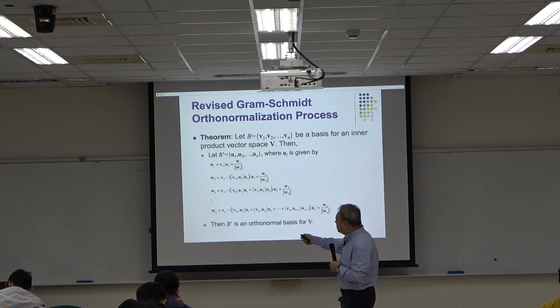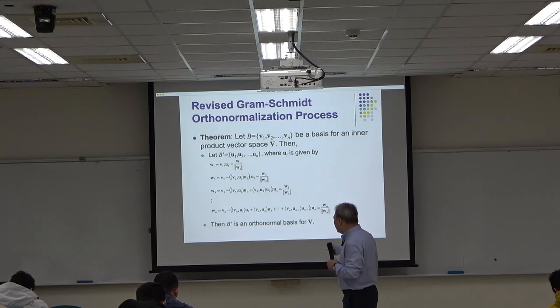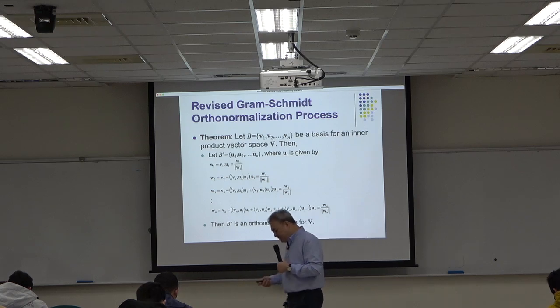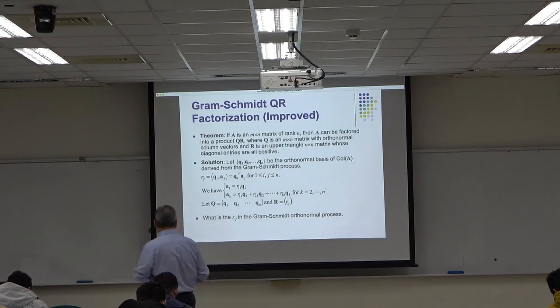So W1 to Wn, these vectors are orthogonal, and then we divide each Wi by its length, so they become orthonormal. So B prime is an orthonormal basis for V. We already know this process.